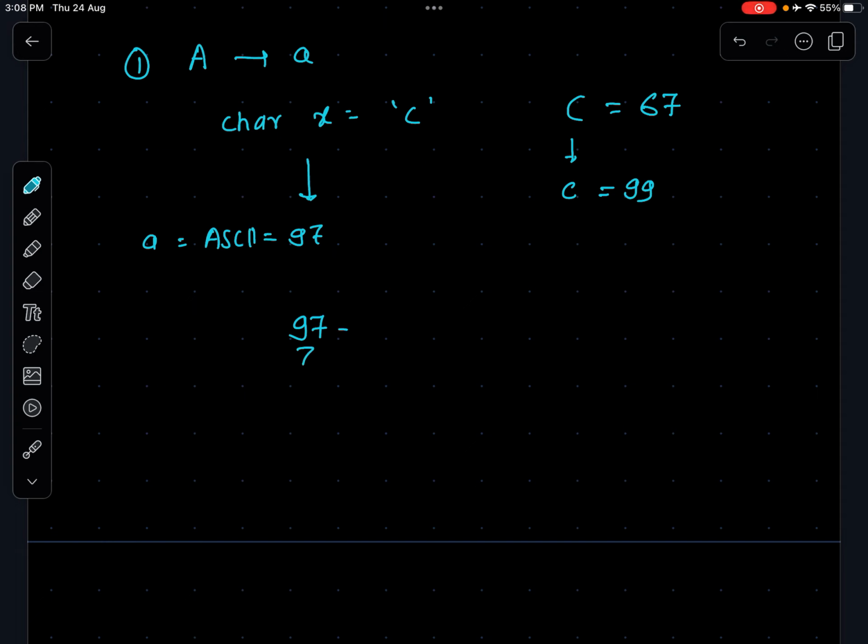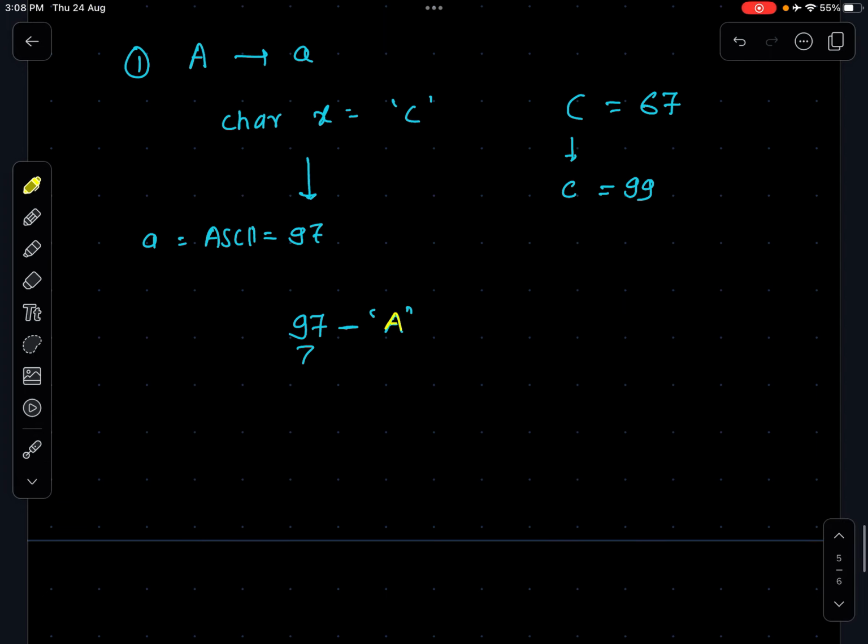Minus, I need to subtract the starting point of my capital letters, that is A. Now I will simply add my x. Is it a valid expression? Let's check. This is 97, this is my minus A.